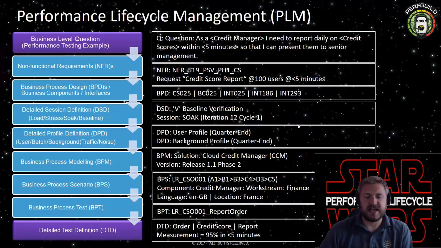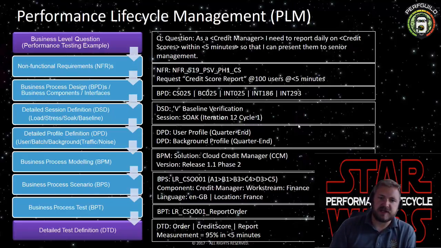So there's a cascading effect of this information, and then only at that point in time is the measurement requesting that particular credit score, and you're seeing, at the worst case scenario, which is 100 users, and at month end or quarter end, that you're going to get that response, that 95th percentile of those reports coming back in there.